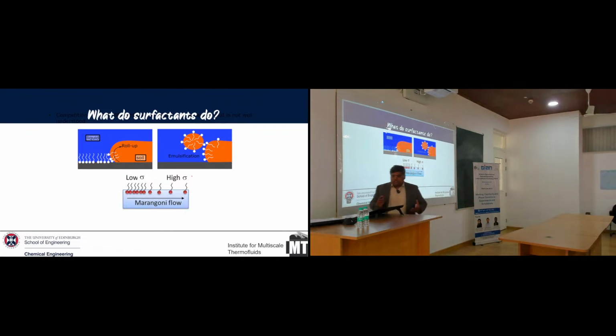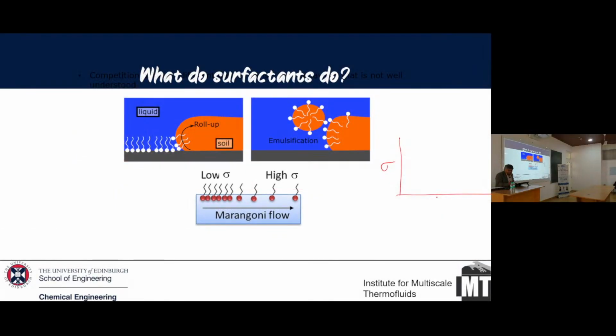So typically, if you look at surface tension with respect to temperature, for most pure fluids it's a straight line, and the slope is determined by the thermal Marangoni coefficient.